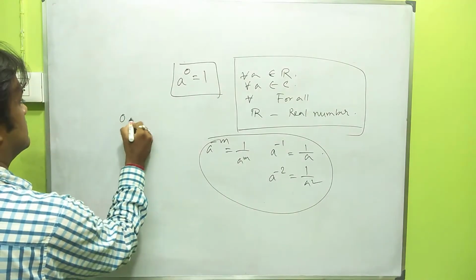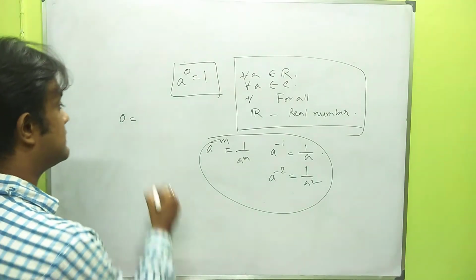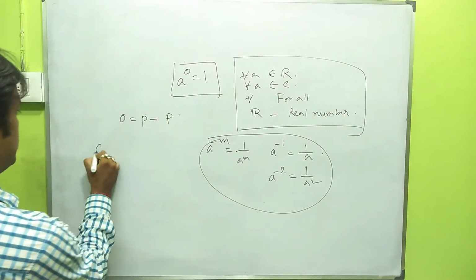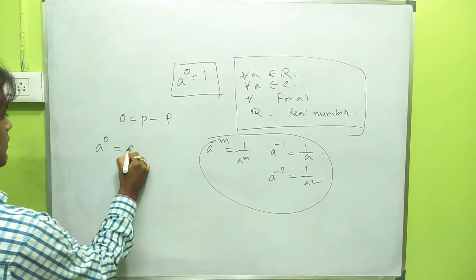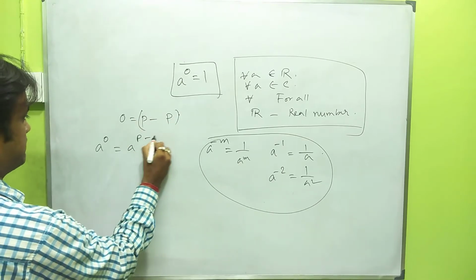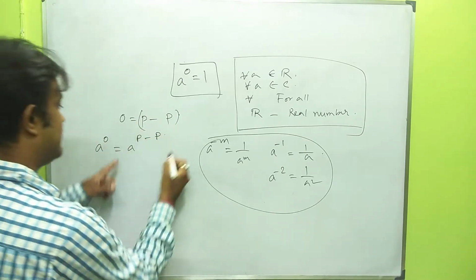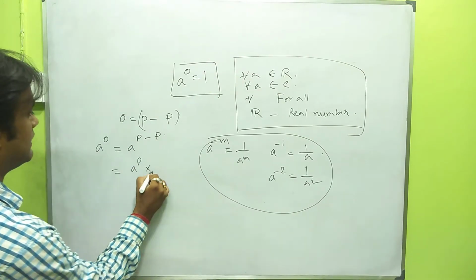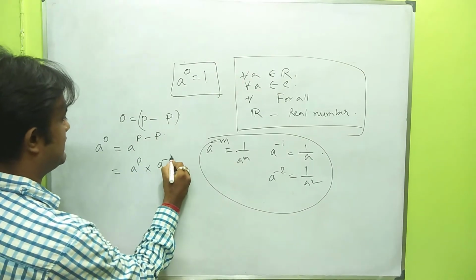How? 0 can be written as p minus p. So if we replace 0 by p minus p, we can write a to the power p into a to the power minus p.